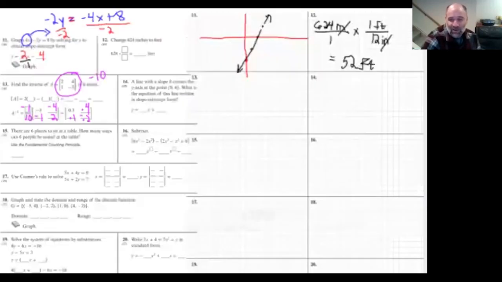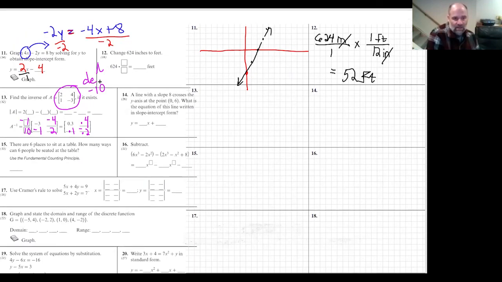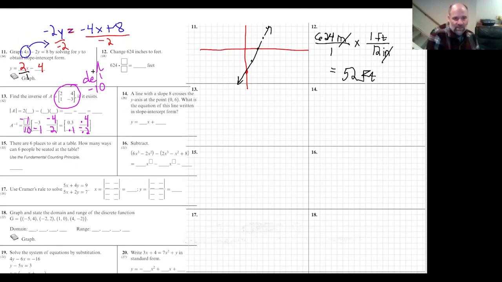All right, so a lot to remember. Here's what you need to remember. You need to find the determinant and flip it over. That's what you're multiplying by. Okay, so make a note. Find the determinant. So that's the determinant. The determinant is -10.